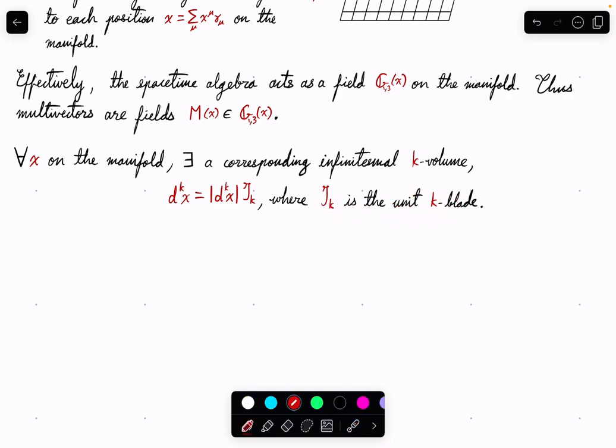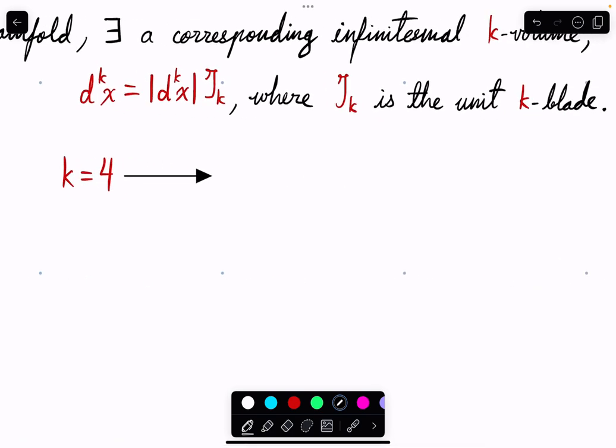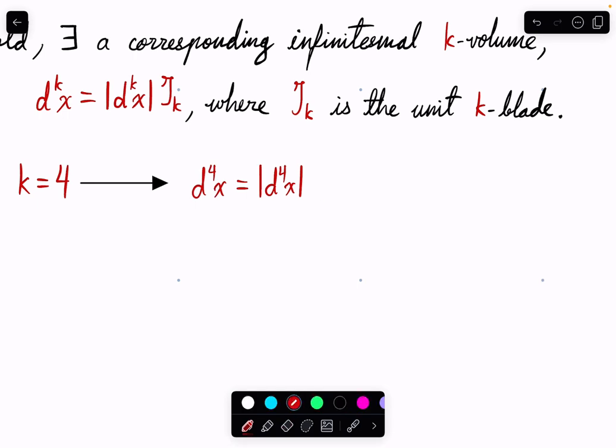So an example of that is to let k equal 4. That's the maximum dimensionality of the space-time algebra and the space-time manifold. So you end up with d4x, which is equal to the magnitude of d4x times the pseudoscalar, or the unit k blade for that, which is just the unit pseudoscalar, gamma 0, 1, 2, 3.